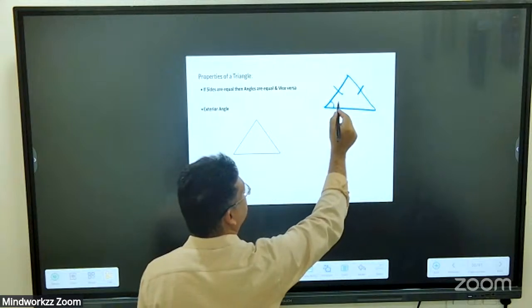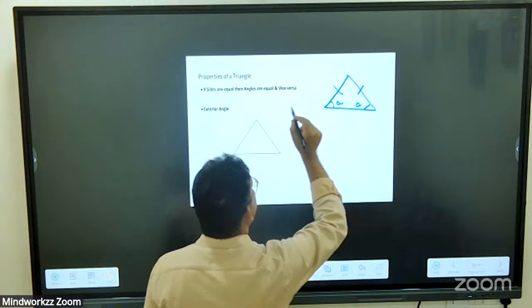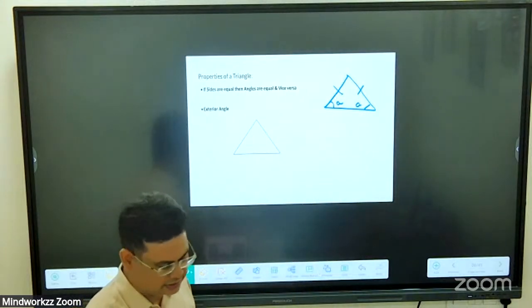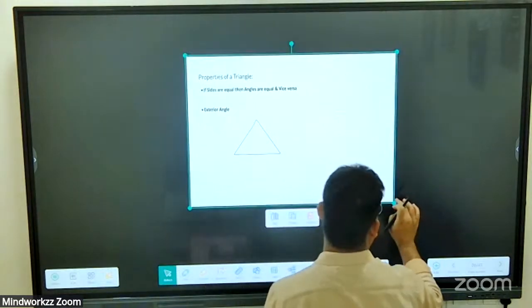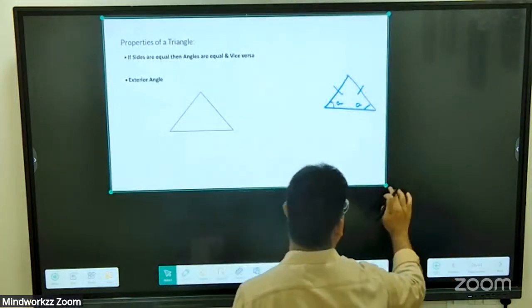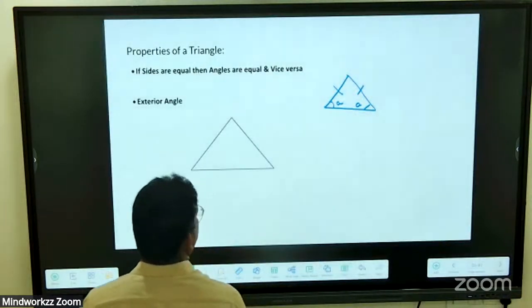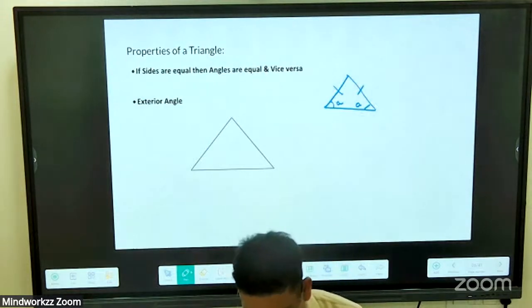So this will be A, and this is also A. It clearly means that in a triangle, if sides are equal, angles are equal and vice versa. I hope this is clear.